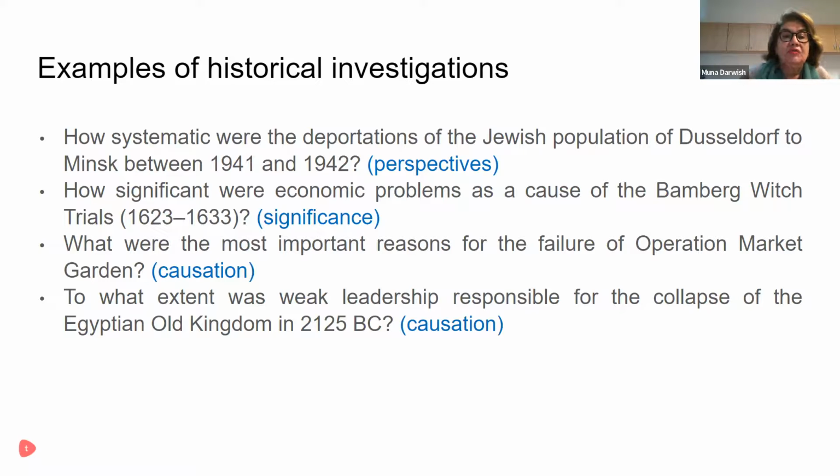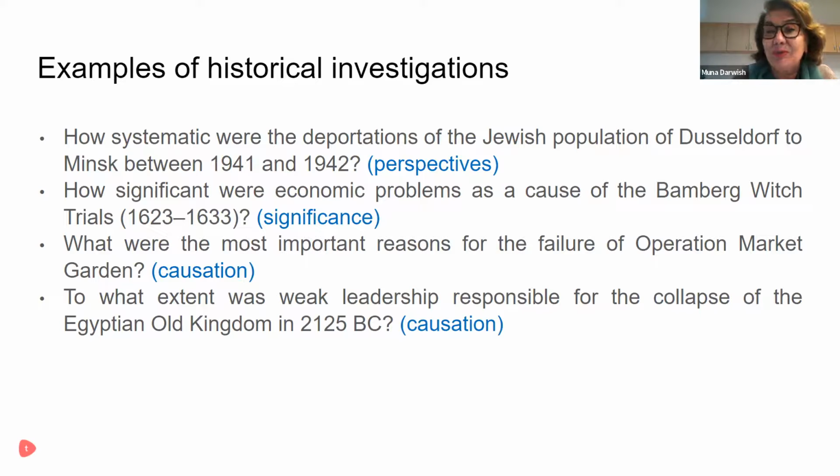Look at the last one. To what extent was weak leadership responsible for the collapse of the Egyptian Old Kingdom in 2025 BC? This is causation. The one before it, what were the most important reasons for the failure of Operation Market Garden? Causation. The one before it is significance.